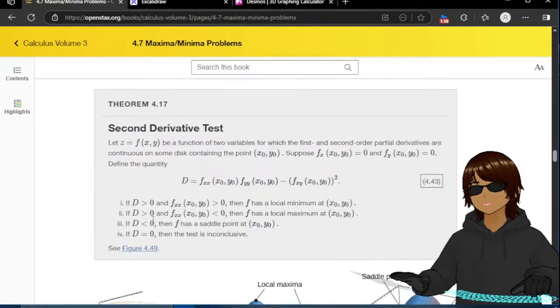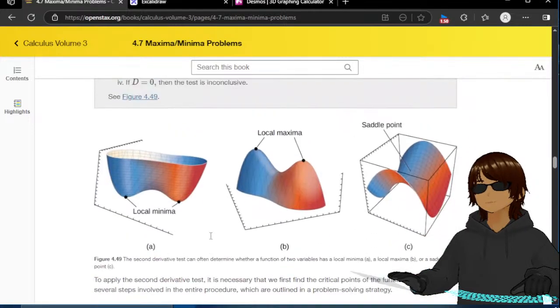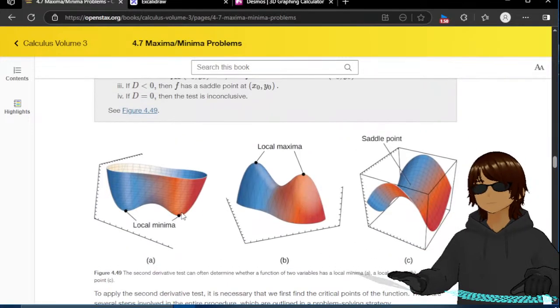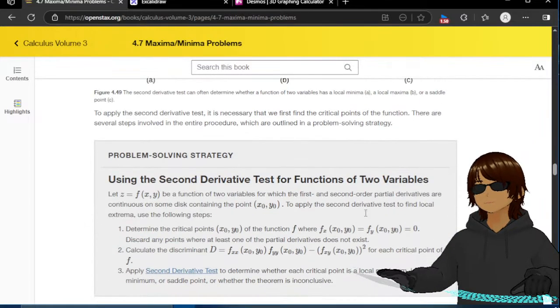If D is less than 0, then f has a saddle point at x naught, y naught. Shouldn't we consider f_yy as well? If D is equal to 0, then the test is inconclusive. So local minima, local maxima, and saddle point.